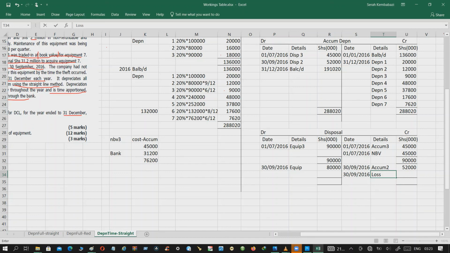And for equipment 3 we reported NBV because it was exchanged, it wasn't sold, so there was no gain. And for equipment 2 we reported a loss because it was stolen. Sorry.